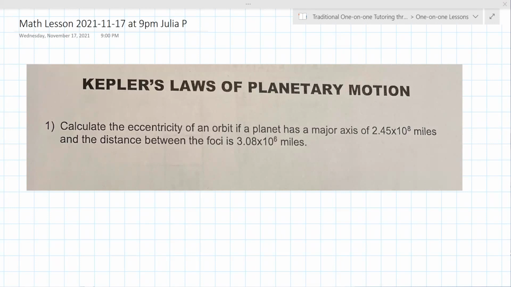I have one that I really like, and it's something over something, but let me try to find it here so I can help. There it is. So eccentricity is C over A. That's not helpful. Okay.